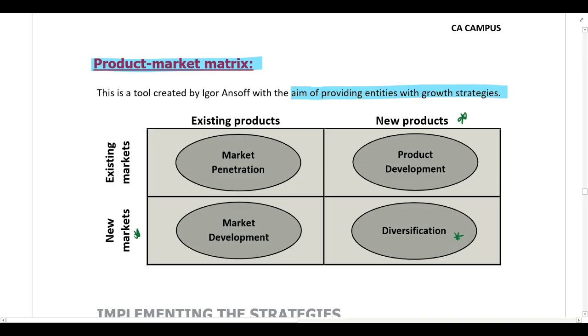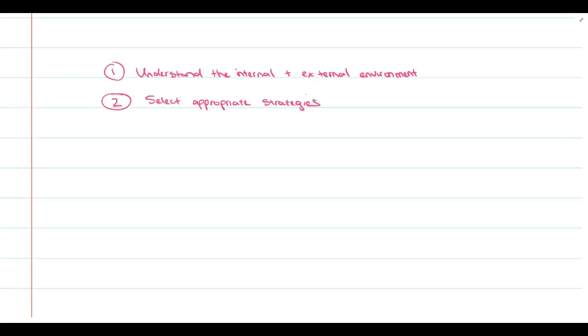All right. So once again, let's go back to where we are sitting in terms of the bigger picture. So we've already looked at the analytical tools that can be used in order to obtain an understanding of the internal and external environment. We have also looked at selecting appropriate strategies. We are now going to look at implementing the strategies.